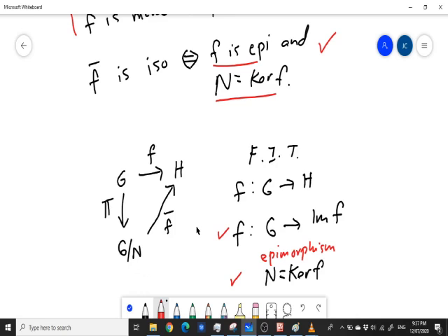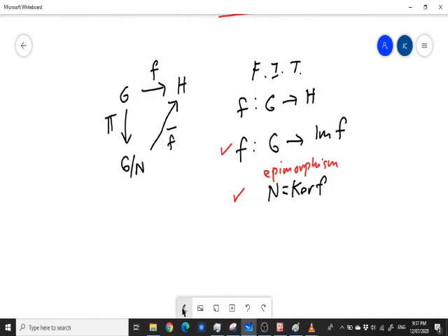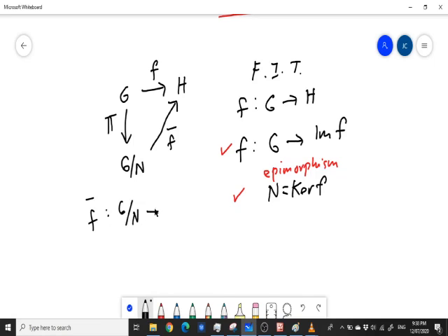F bar from G mod n to H. Since f, the restricted mapping of f from G to its image, is surjective by definition, and we take n to be the kernel, then this is an isomorphism. Oh wait, not H, but the image of f.